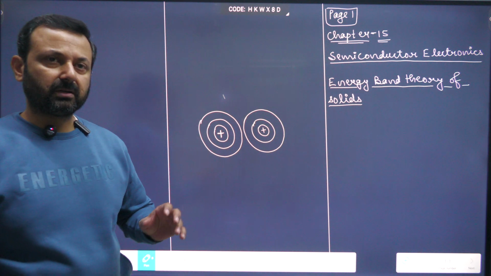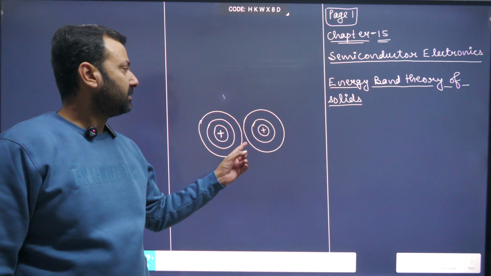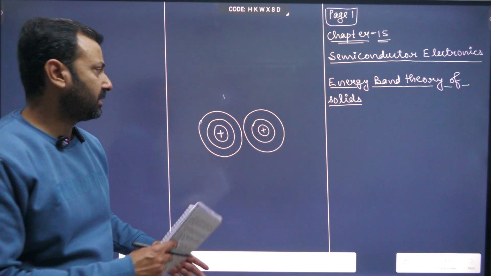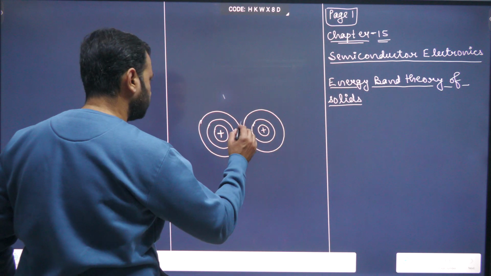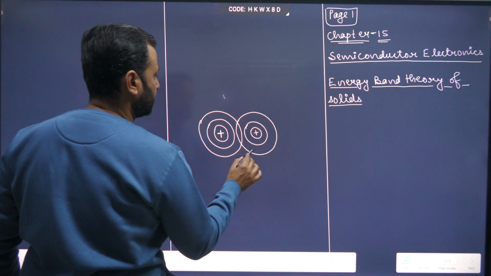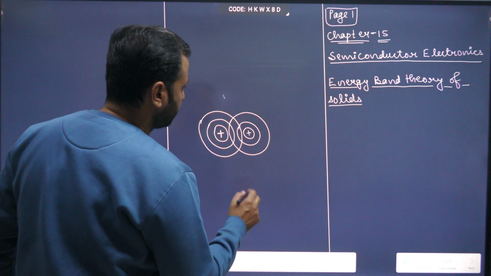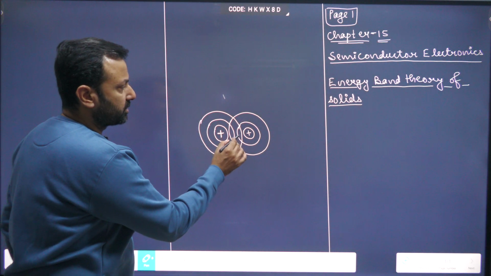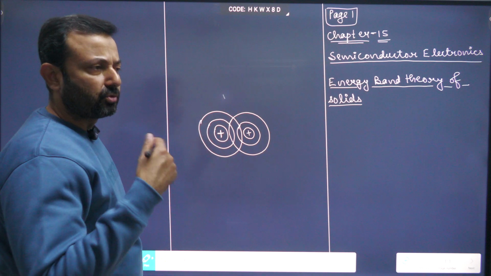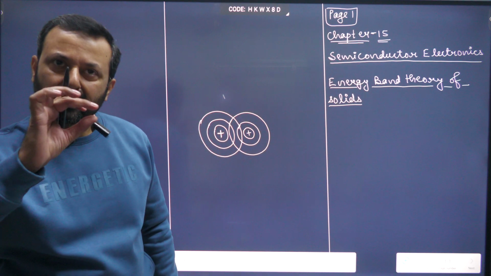When these atoms are brought close to one another, then these energy levels actually touch each other and interact like this. One energy level comes close to another energy level, third energy level comes close to fourth energy level, and like this. There are so many electrons. So when these energy levels come close to each other, then they form energy bands.